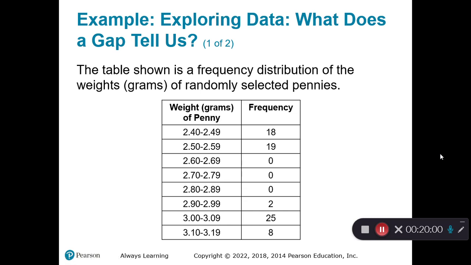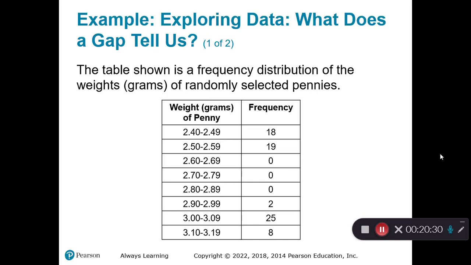Here we have a frequency distribution that has the weights of pennies, and these are in grams. The first class is going to look at pennies that weigh anywhere from 2.4 grams to 2.49 grams, and so on. So by adding up the frequencies in that second column, we should be able to determine how many pennies were weighed.